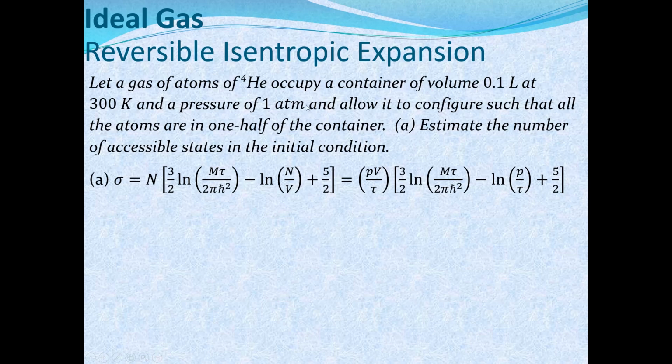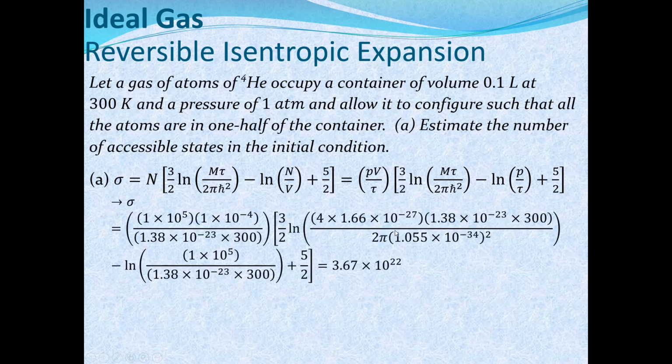For example, they don't give us the number of particles, so we have to replace that with pressure and temperature. So plugging the numbers in, we end up getting that the entropy is equal to 3.67 times 10 to the 22.